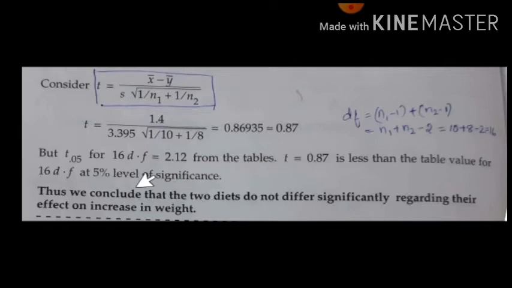That itself is the conclusion written here: we conclude that the two diets do not differ significantly regarding their effect on increase in weight. Since the calculated T value is less than the table value, we need to accept the hypothesis. What hypothesis? The null hypothesis we have taken, that we need to accept. So by accepting the hypothesis, we write that conclusion.